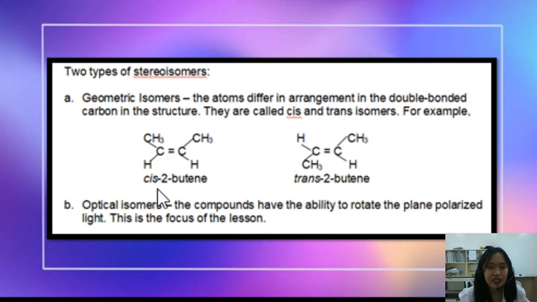So when you say cis, meaning you are what? The functional groups are parallel. Kita nyo, both the methanes are on the same side. Okay, so when you say cis, it means the functional groups are on the same side. So magkakapareho. Okay, so you have H or hydrogen atoms dito sa baba, and you have methane molecules dito sa taas.